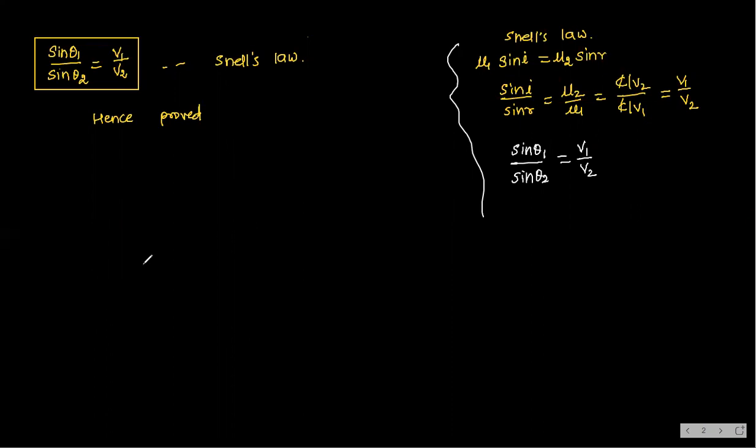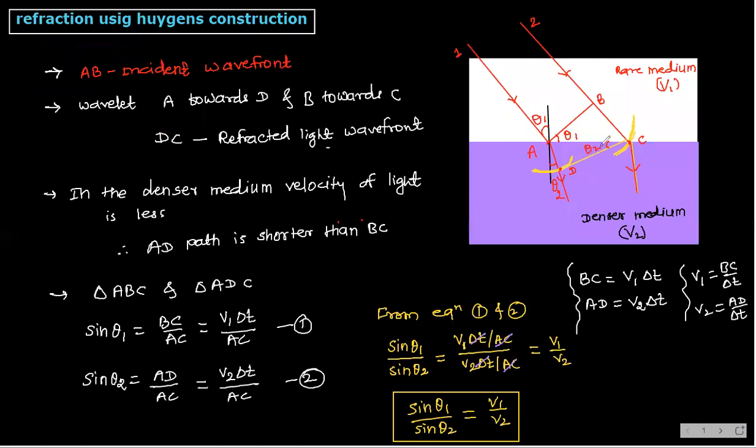Yes, understood. You can see the diagram. Just two triangles we have to take, and just the distance we have to replace with velocity into time. And we have to prove Snell's law to prove the laws of refraction, and hence we can say that it obeys the refraction also. Yes or no? Clear?